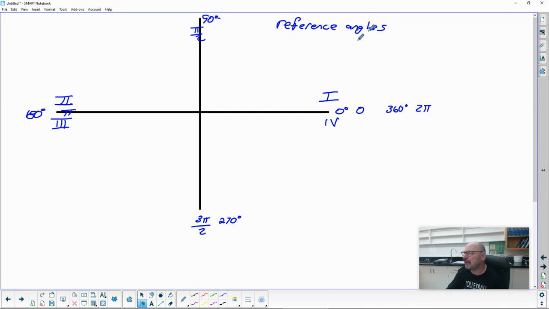What do we remember about reference angles? Those are the angles with the x line in the quadrant. It's the angle formed by the x-axis inside each quadrant. Never use the y-axis.